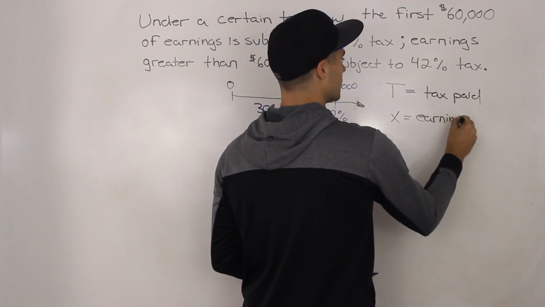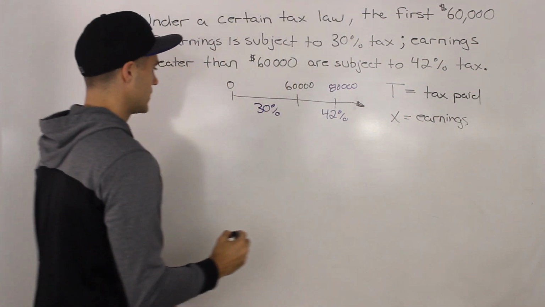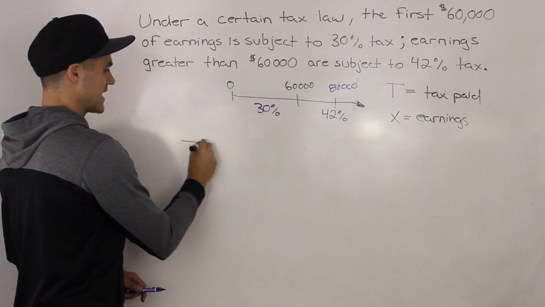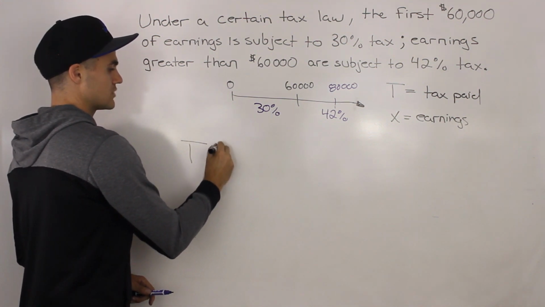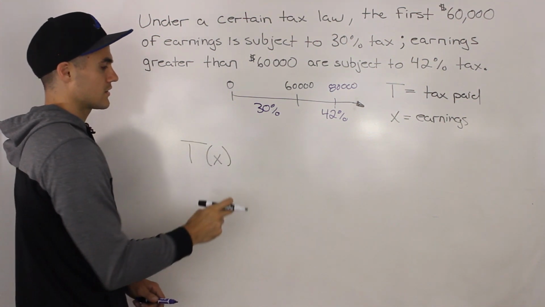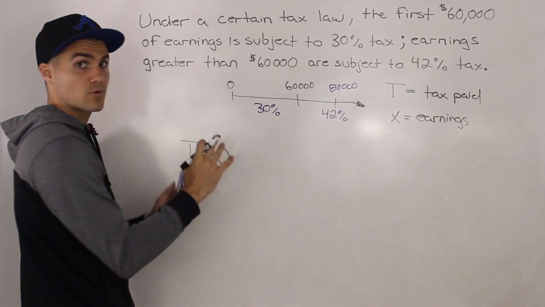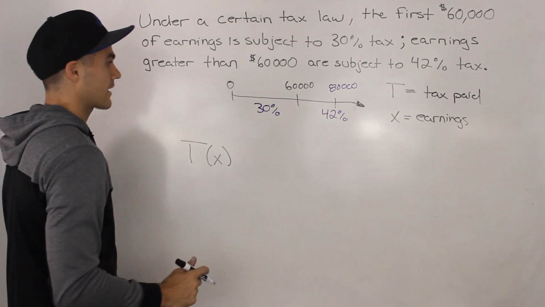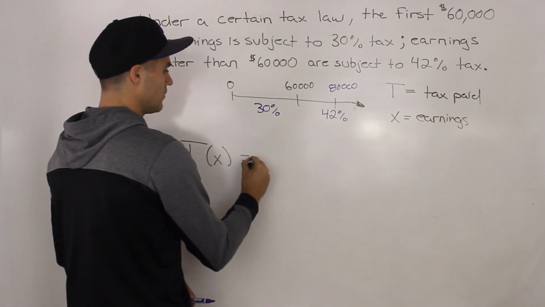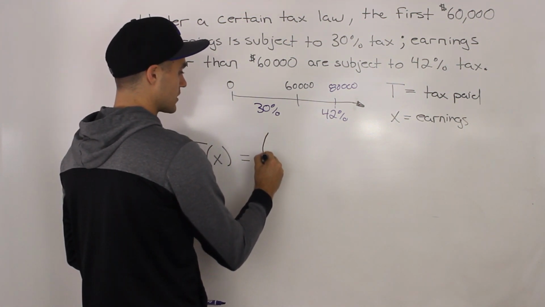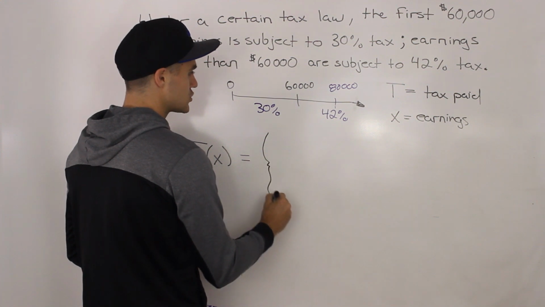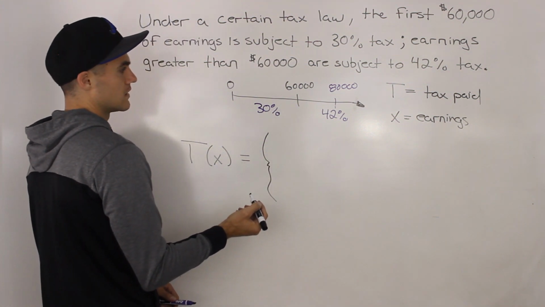So what we're going to do is make a function for the tax paid in terms of the earnings. So depending on whatever the earnings are, we plug the earnings into our function and we'll get the tax. So notice how this function, there's going to be two cases for it.